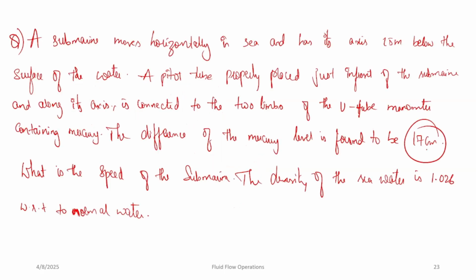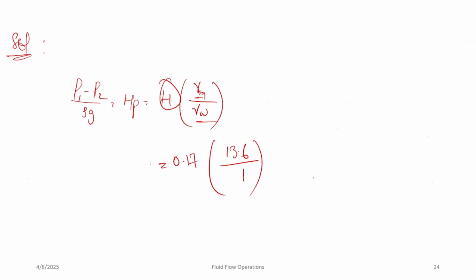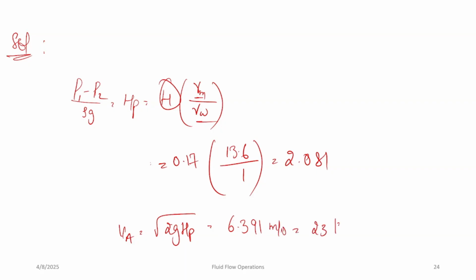So here we were given density of seawater, just to confuse us, so don't get confused. So density of water is 1. So this will give us 2.081. Okay. So VA will be equal to square root of 2g into HP, which again is equal to, if we substitute all these values, you should be getting 6.391 meter per second, which is also 23 kilometer per hour. Okay.